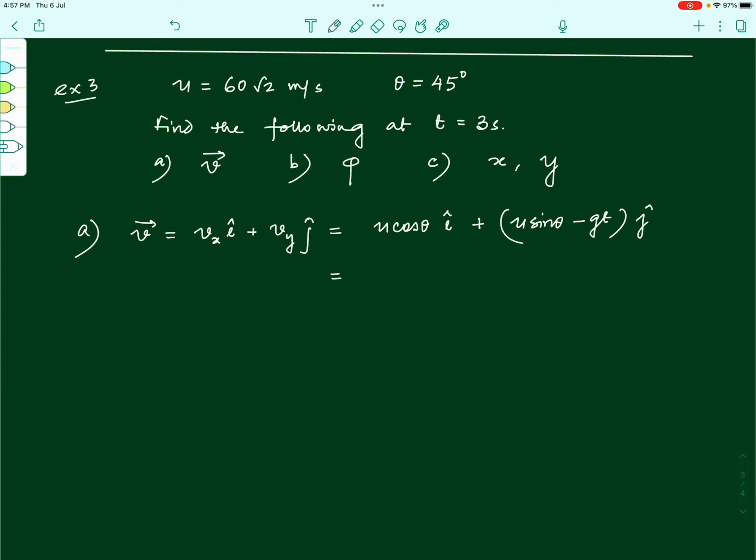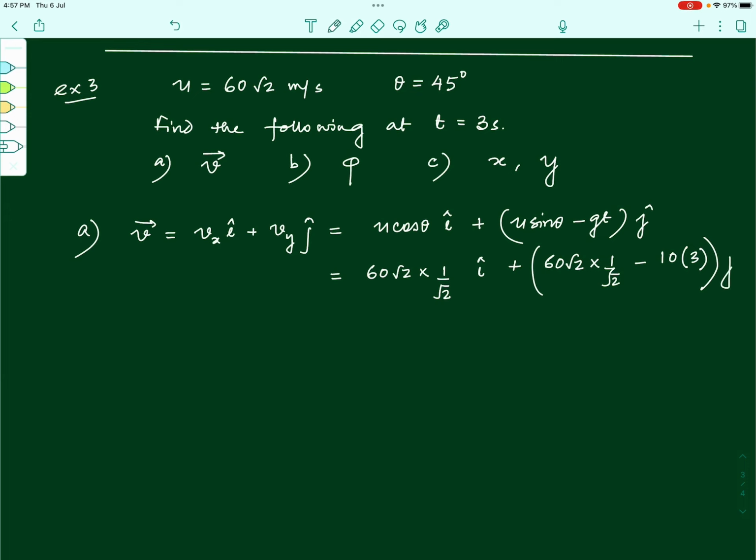So, u cos theta will be 60 root 2 into cos 45, which is 1 by root 2, i cap, plus u sin theta, 60 root 2 into sin 45, which is also 1 by root 2, minus g, which you can take as 10, times t, 3 seconds is the time.